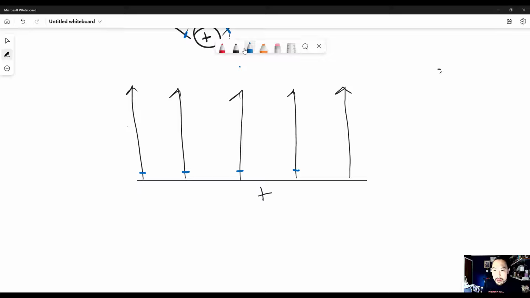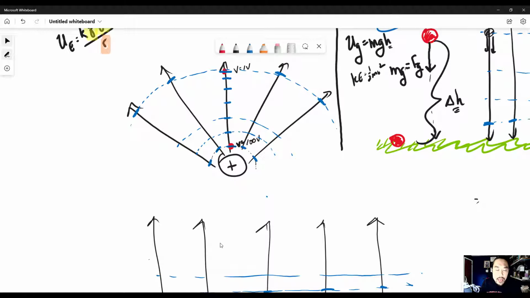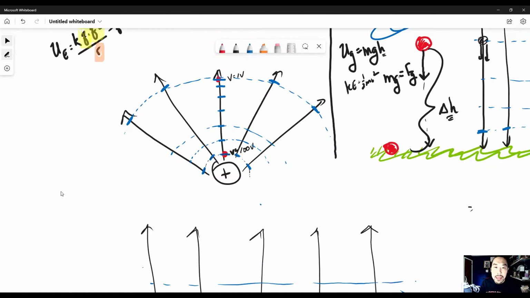Because the field lines are just going vertically, the equipotential lines will just be horizontal right there. So this could all represent the same voltage, let's say positive 200 volts, and this all represents the same voltage. So the equipotential lines can either look like circles emanating away from the charge, or like horizontal lines emanating away from a line of charge.